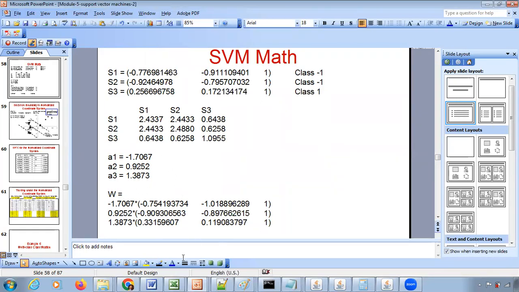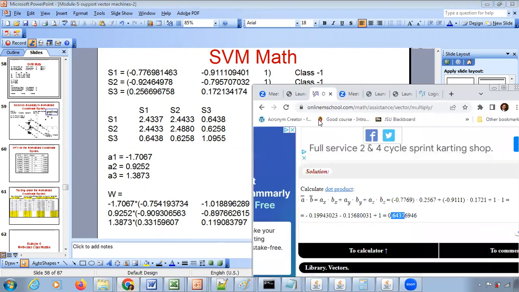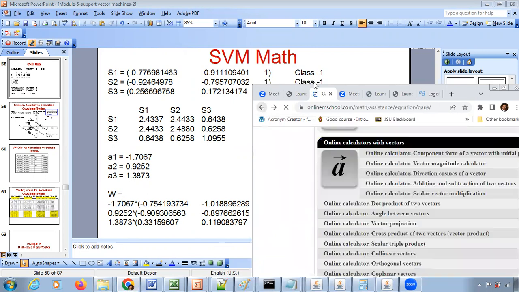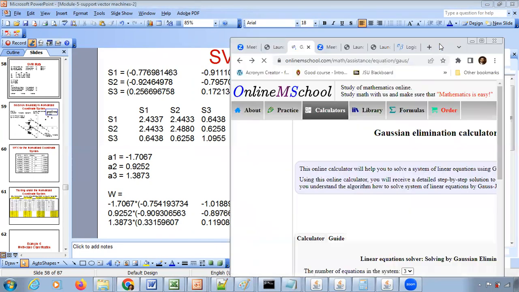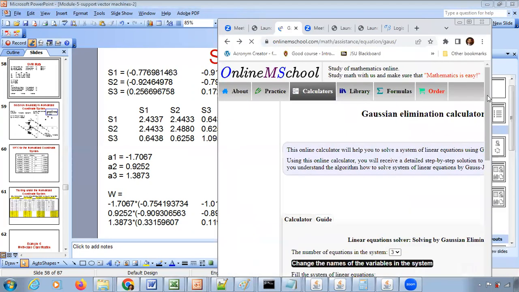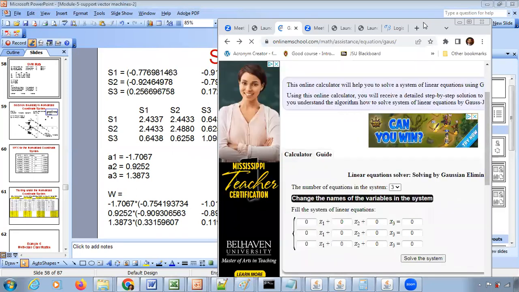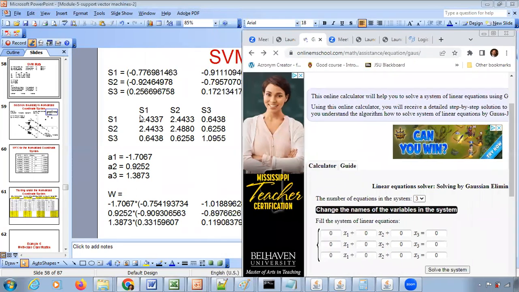So then we can fit this in our online Gaussian eliminator, which we had before here. Again, each row will correspond to an equation. The first row will correspond to S1 class.